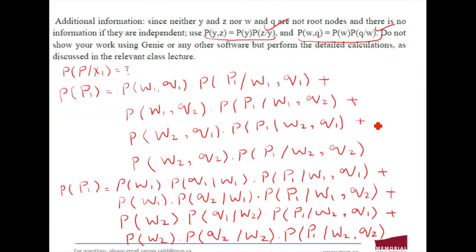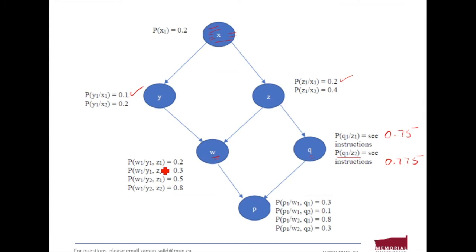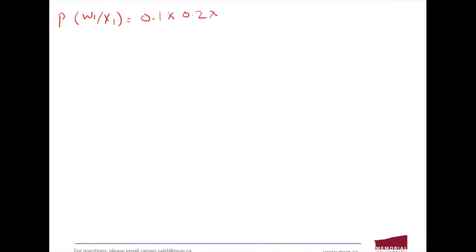So I go back to my network here. So this is the value, which is 0.2 again. The probability of the W1 given that Y1 and Z1. This is given to you as 0.2 multiplied by 0.2. Now I'm going to plug in the values directly.